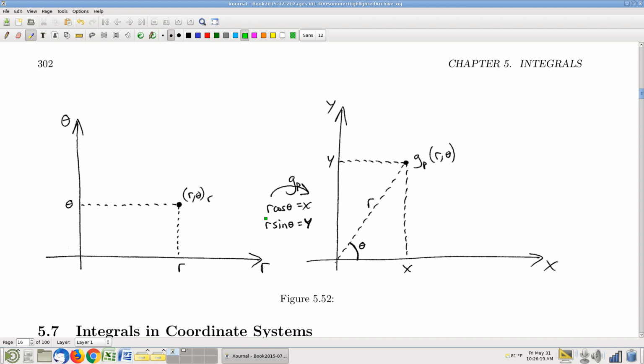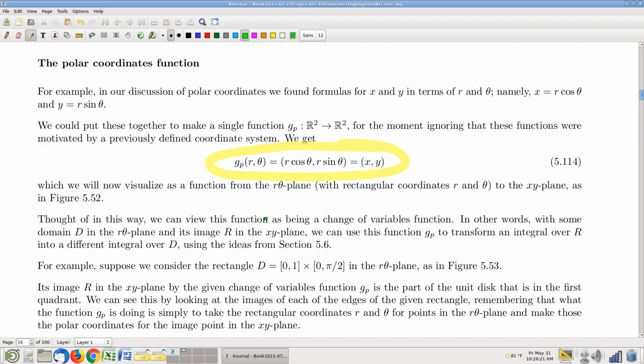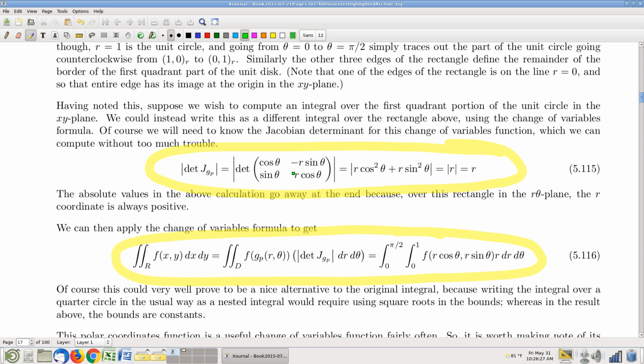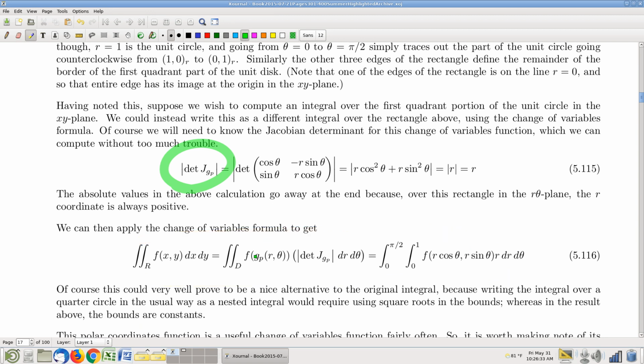Now, in so doing, of course, we are going to have to take this function and compute a couple of things. Most obviously, we're going to have to compute that stretching factor. So let's go ahead and get that out of the way. It's just a single calculation. Here's what that Jacobian looks like. You got to take that determinant.